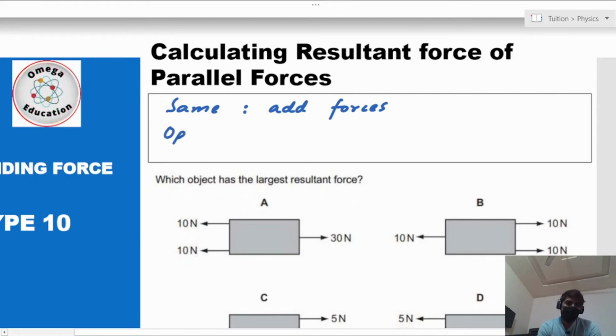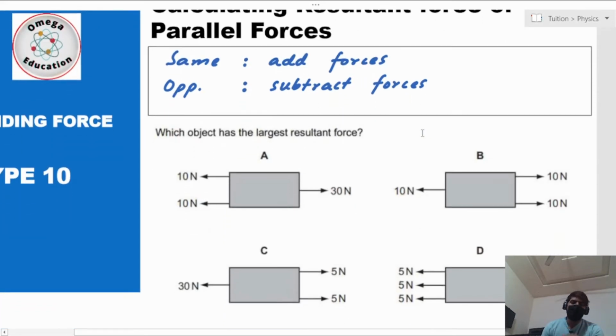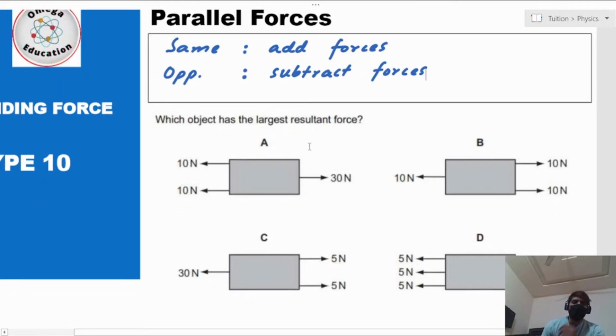And if the forces are in the opposite direction, you subtract the forces. Only these two are the rules that you need to apply when the forces are parallel to each other. And when we say the word parallel, it means they can be anti-parallel as well. So it's just a special kind of parallel forces.